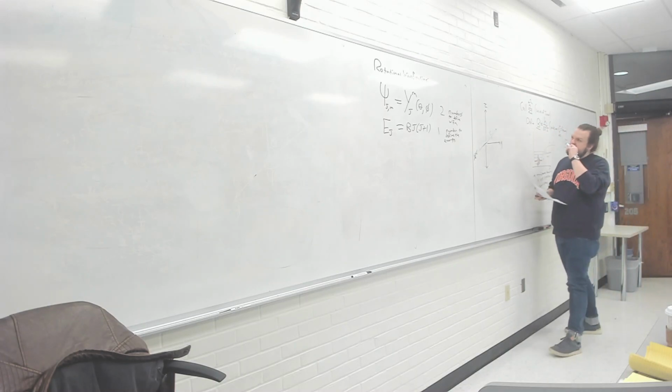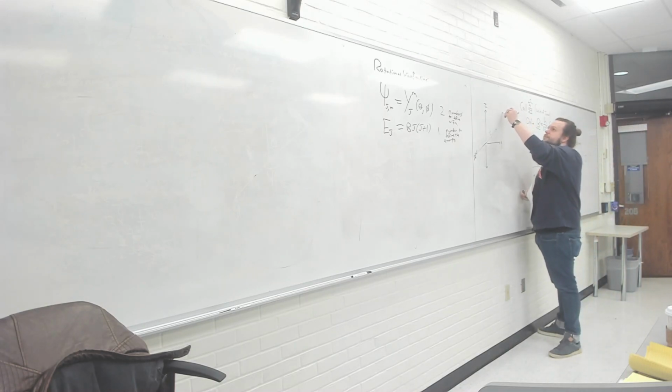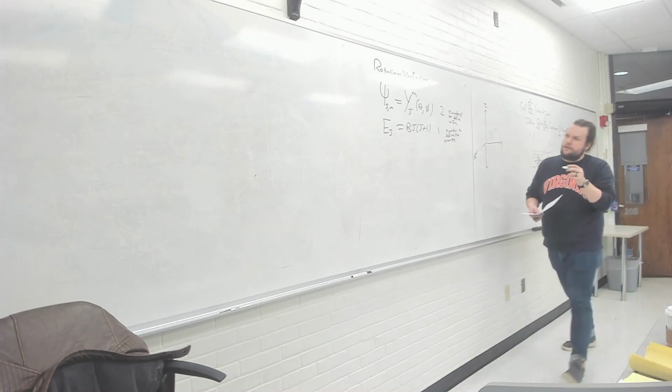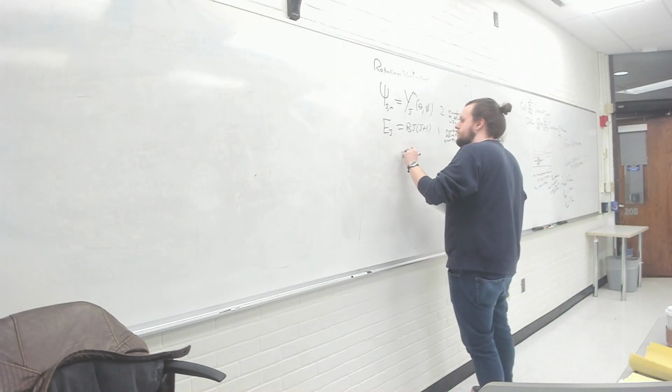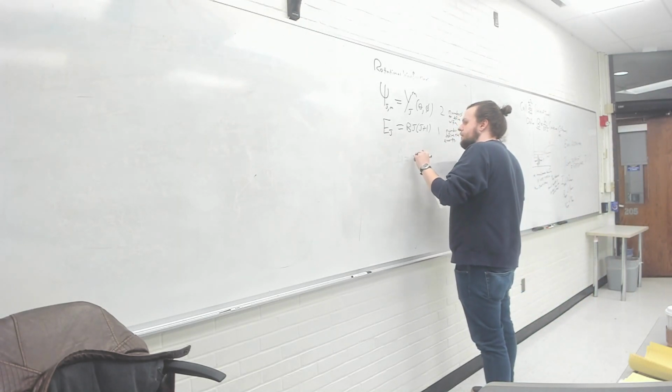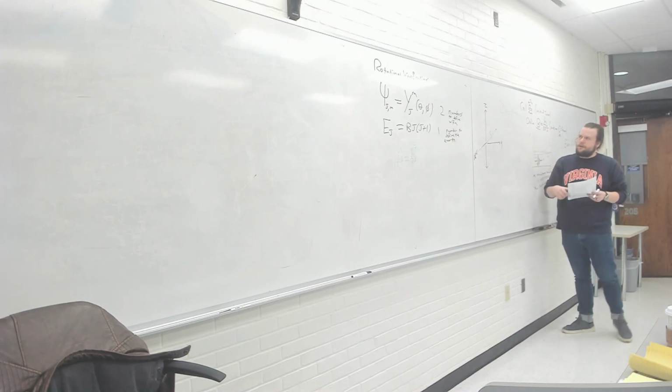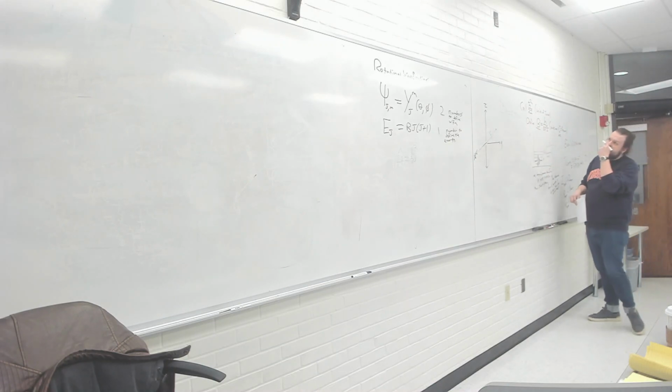And the important thing to note is that when we apply L squared to our wave function, we get h bar squared j(j+1). Right? That's where that energy comes from. Remember, the Hamiltonian is L squared over 2I. The energy is Bj(j+1), so it's h bar squared, you get rid of the 2I out of it.